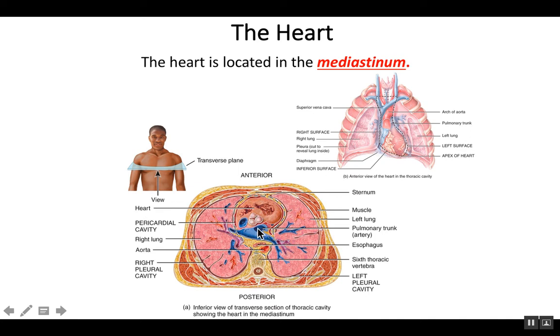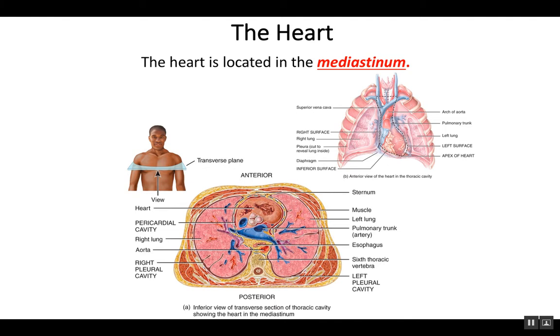We're going to be learning some large blood vessels that bring blood into the heart or bring blood out of the heart. So the heart is dealing with two different kinds of blood. It's getting oxygenated blood from your lungs and pumping that blood throughout the body.